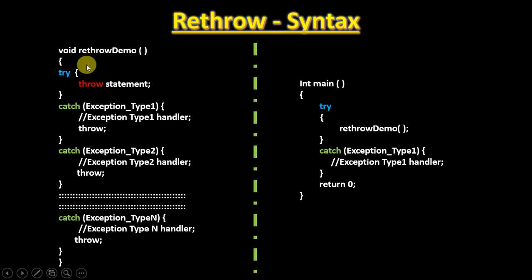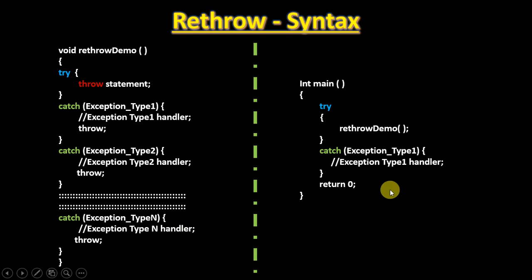Now I'm throwing the exception, so the suitable catch block will be executed, and I just provide throw semicolon. Whatever exception this catch block got, the same exception will be thrown outside the function. This is not possible from one catch block to another in the same catch sequence, but you can rethrow the same exception from one catch block to another if they are nested.